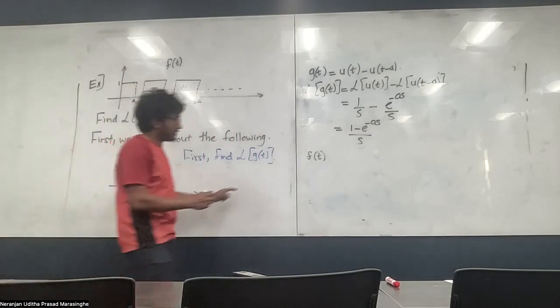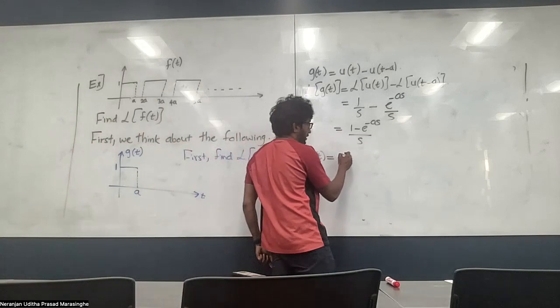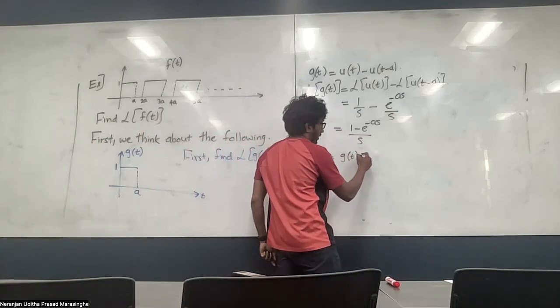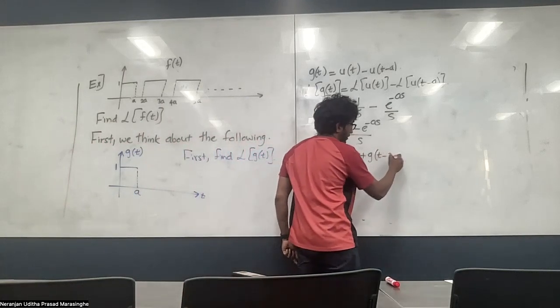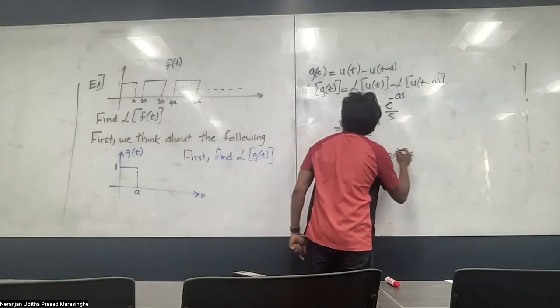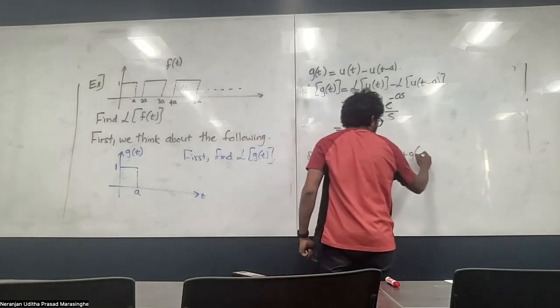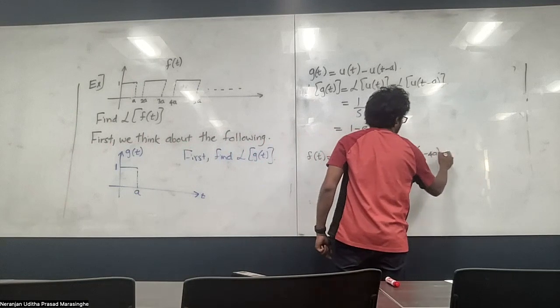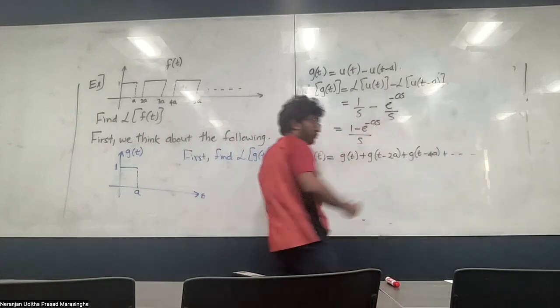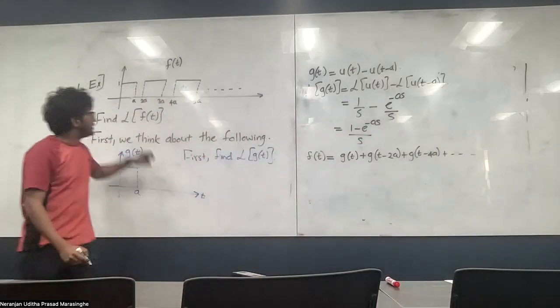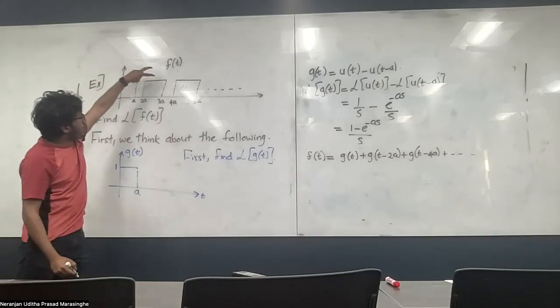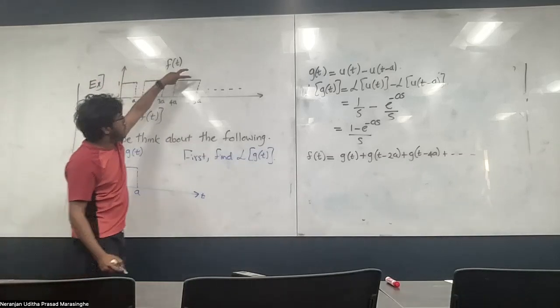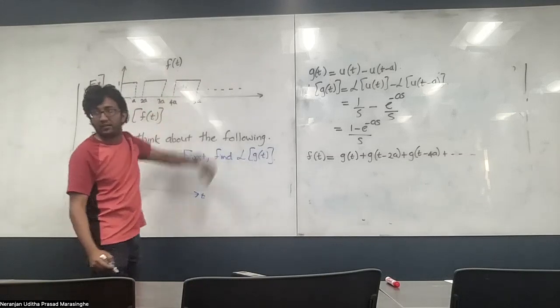So f(t) is equal to g(t) plus g(t minus 2a) plus g(t minus 4a), plus, and like that it continues, because g(t) is this portion, g(t minus 2a) is this portion, g(t minus 4a) is this portion.